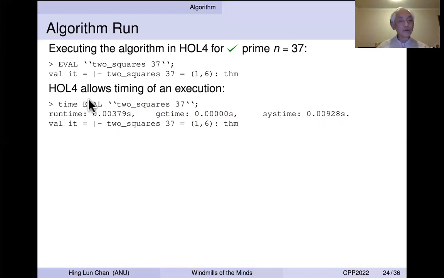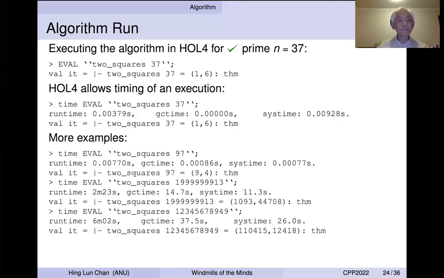In the theorem prover, I can also prefix the whole command by time. Once I do that, it will give me the execution time of this evaluation. And for the number 37, it is very quick. Here are more examples.